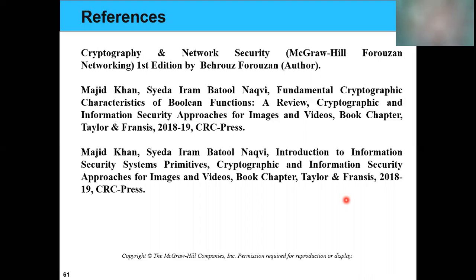These last four lectures are quite important lectures that basically give you the basis of public key cryptography.